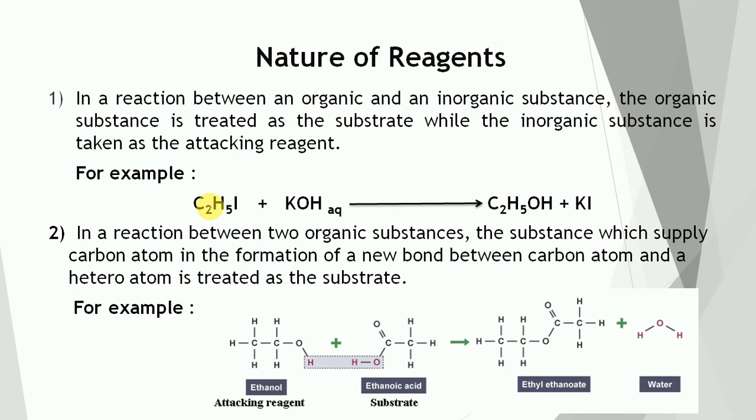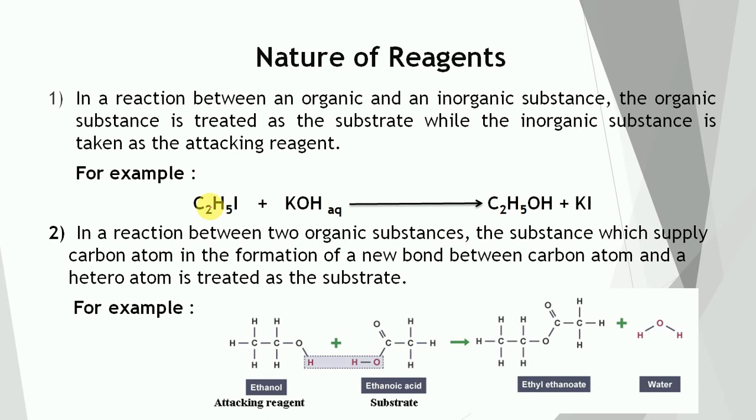Nature of reagent. In a reaction between an organic and an inorganic substance, the organic substance is treated as the substrate while the inorganic substance is taken as the attacking reagent. How can we decide whether a given substance is an attacking reagent or a substrate? There are a few rules.